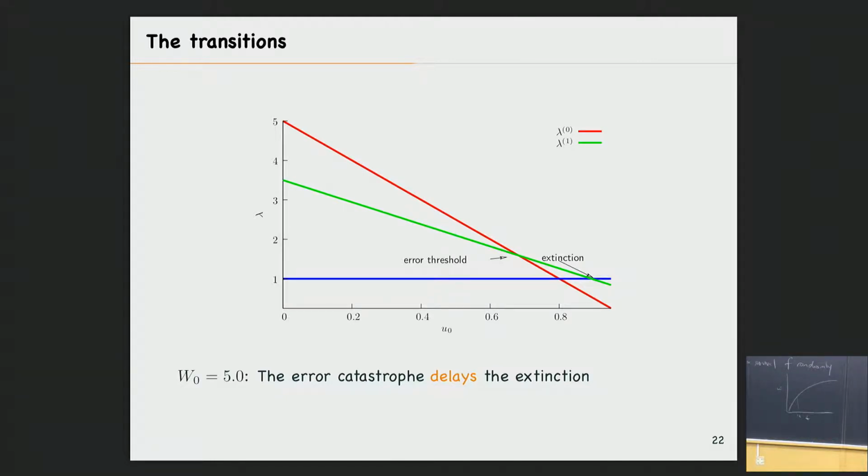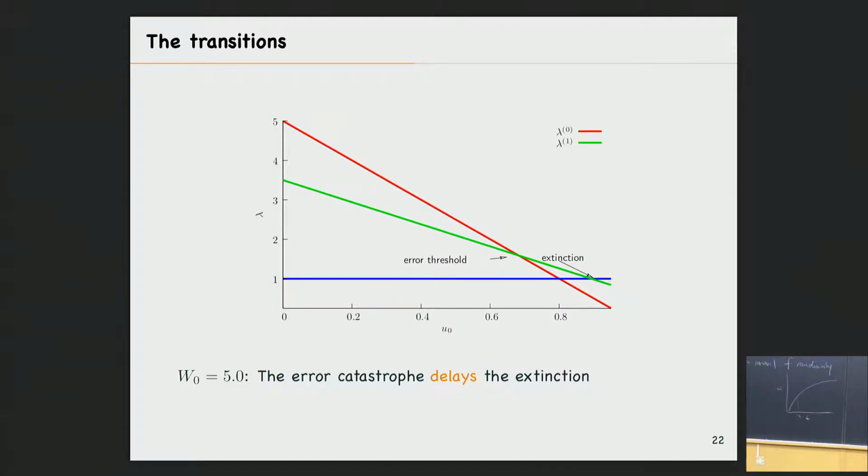So what we have here is the mutation rate from the wild type to the first mutant. And this is the maximal eigenvalue. So when the maximal eigenvalue goes below 1, there is extinction.